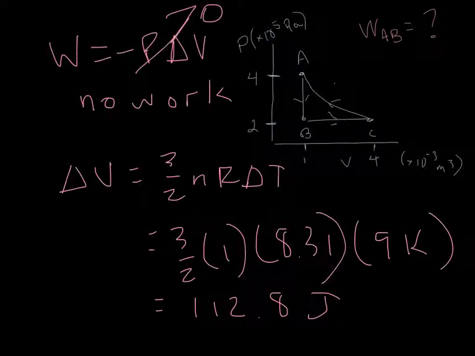Here's the nice thing: what that means is delta U has gone down, and it's final minus initial. So actually this is negative. And delta U is equal to Q plus W. And since the work is equal to 0, then Q is also negative 112.8. It's the same number. Beautiful.